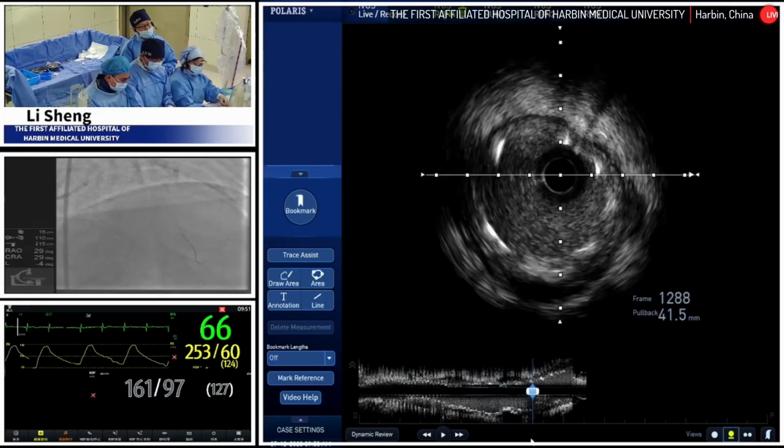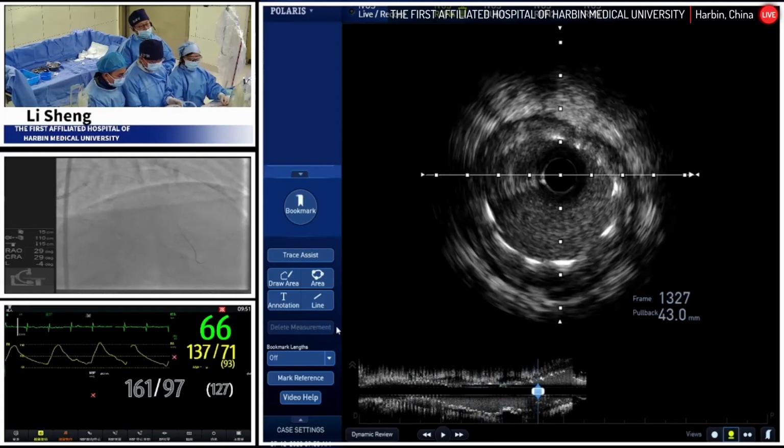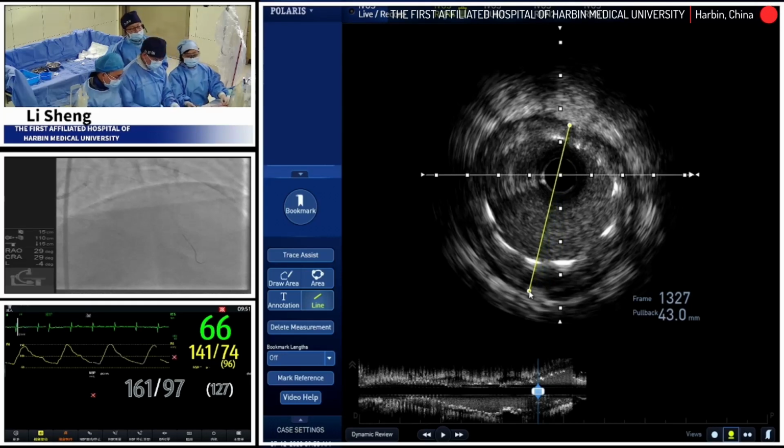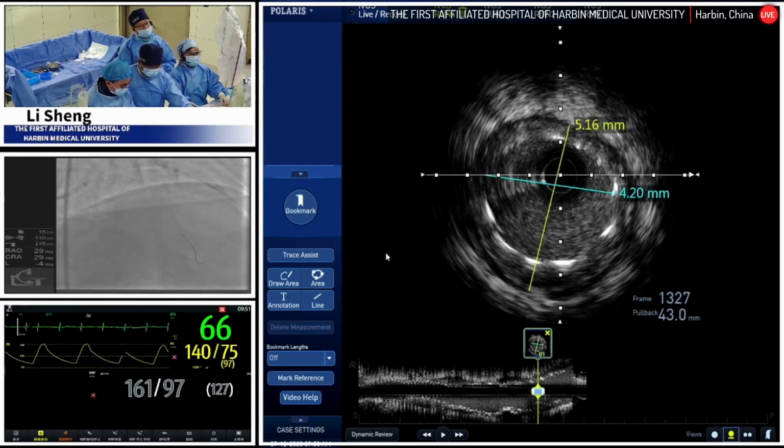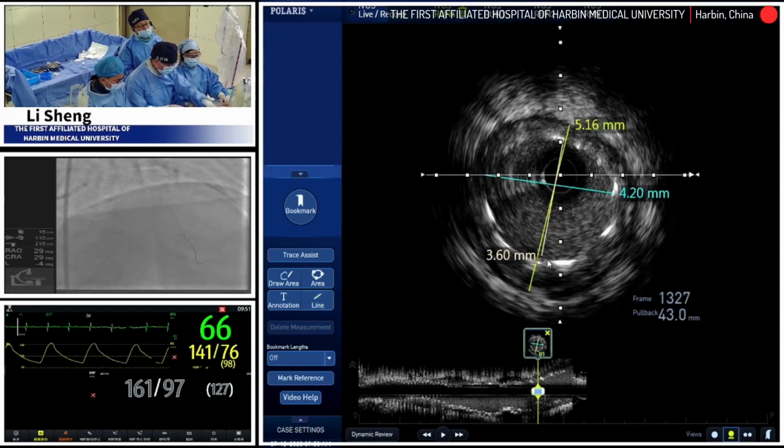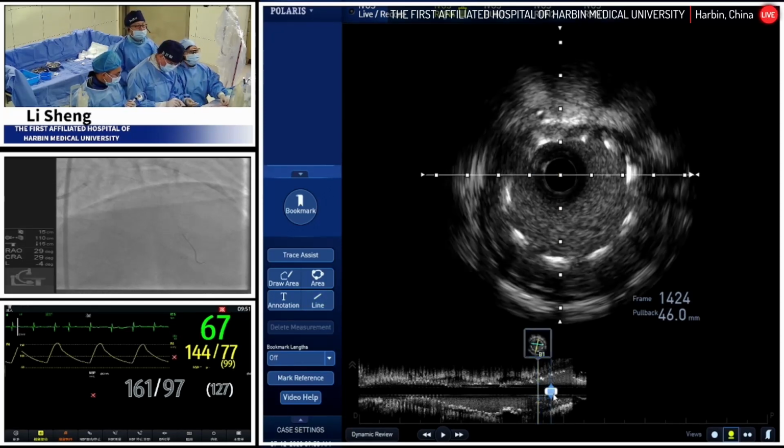You see here, we can see the vessel, and the stent diameter. I think at least 3.75.